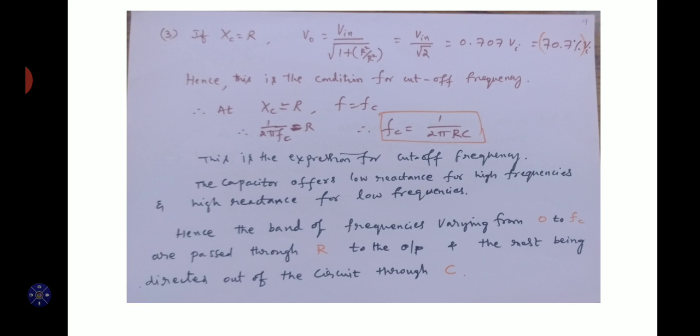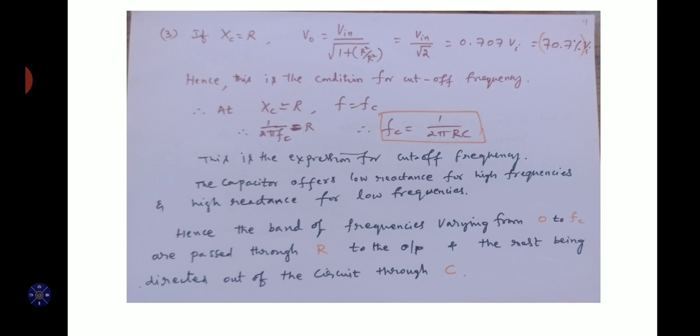Hence, the band of frequencies varying from 0 to cutoff frequency Fc are passed through the resistance R to the output, and the rest being directed out of the circuit through C. The working of the RC low pass filter can also be explained as the capacitor offers low reactance for high frequencies and high reactance for low frequencies.